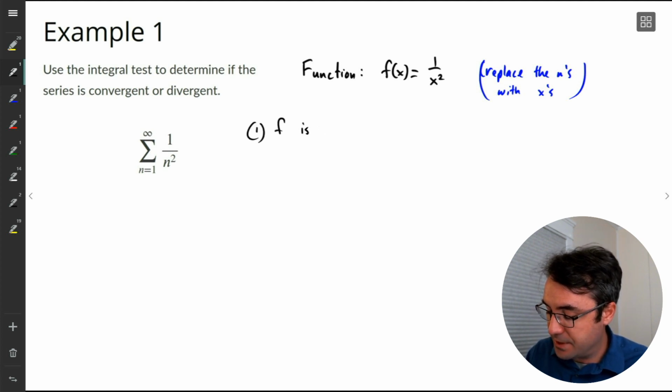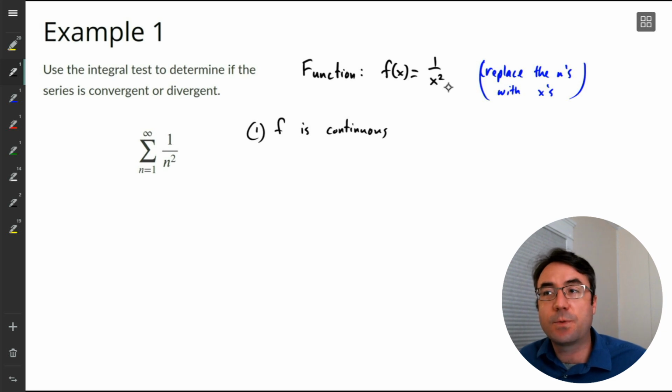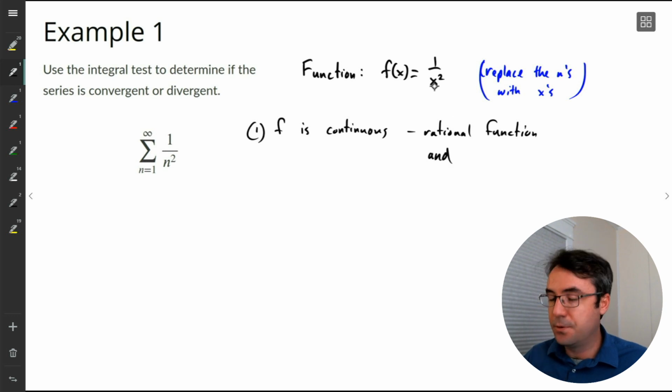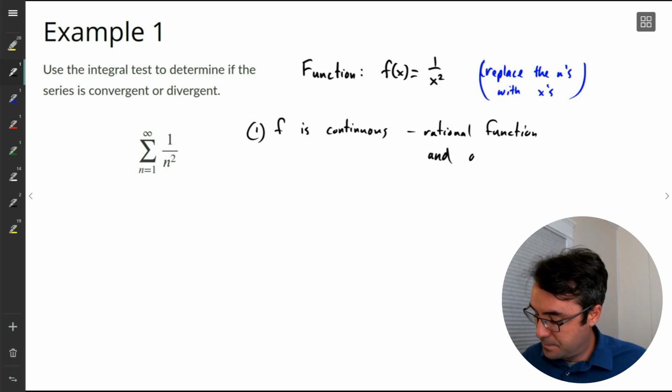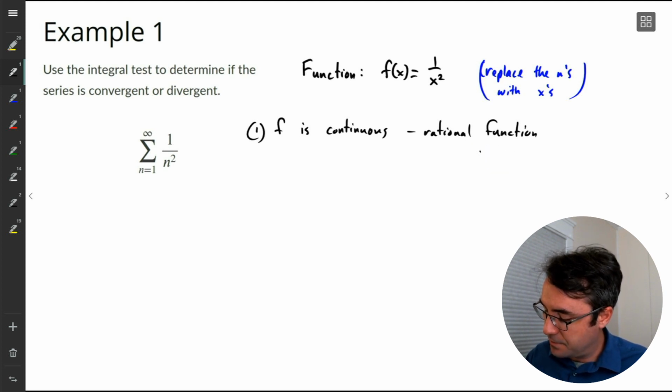F is continuous. Let's check that. Why is this function continuous? Well, it's a rational function, and the only place we divide by 0 is when x is equal to 0. So let's say it's undefined at x equals 0.